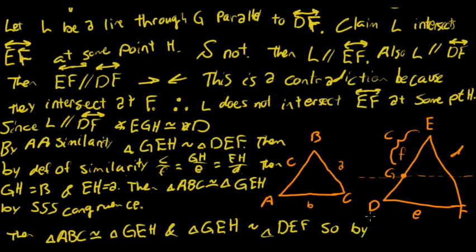So by, we'll just call it the previous theorem, which was theorem 1.026, triangle ABC is similar to triangle DEF. And now we're done with the proof.